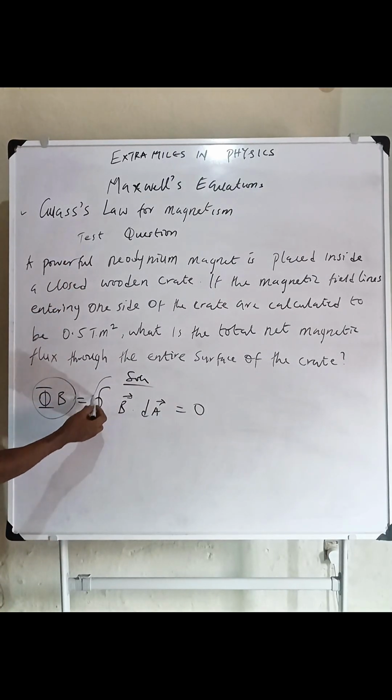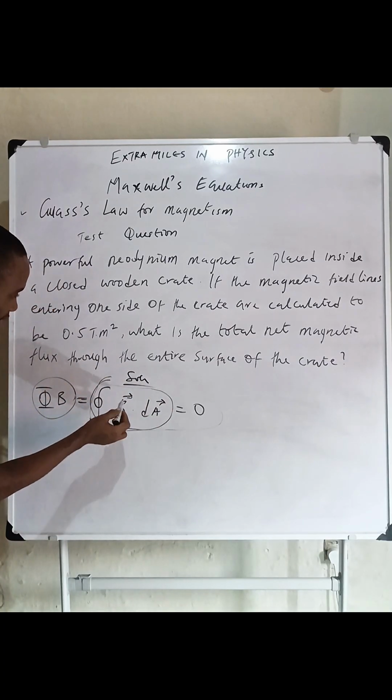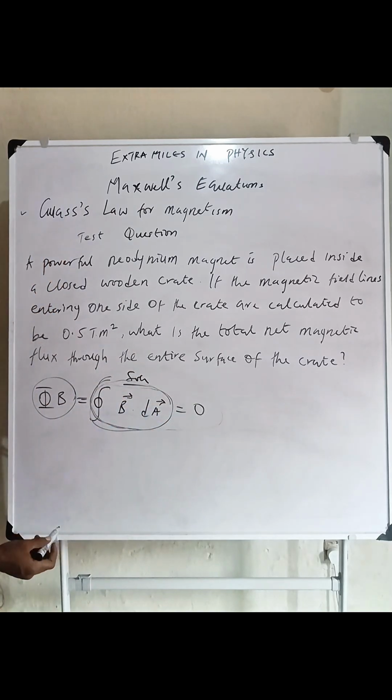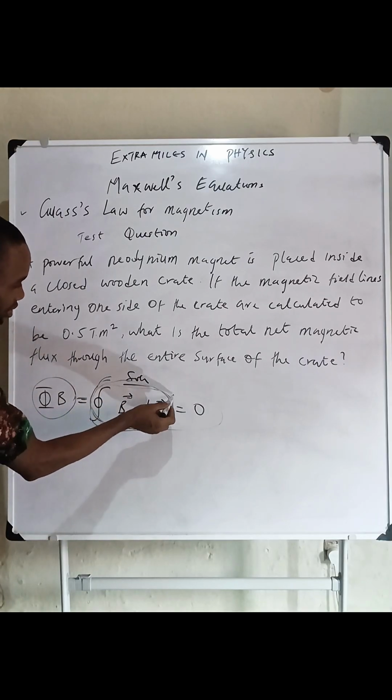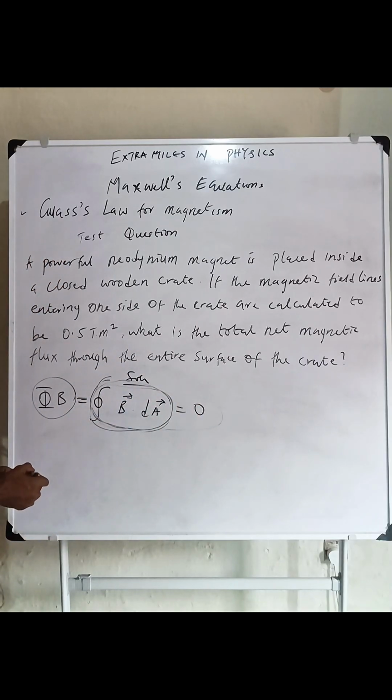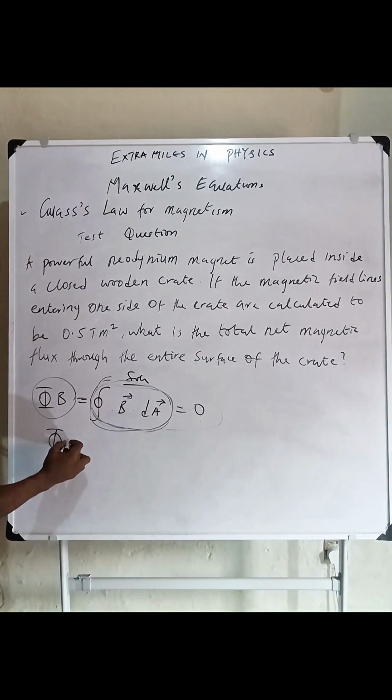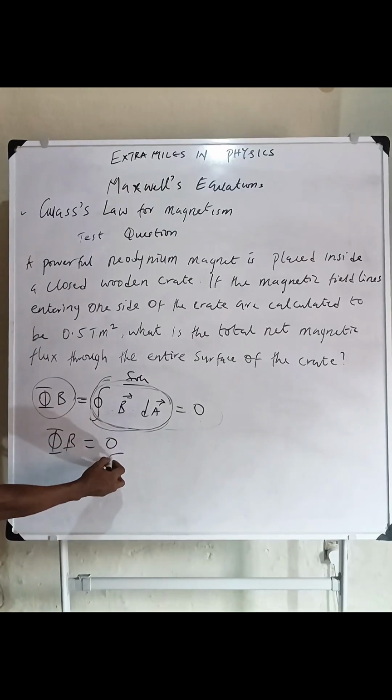So if magnetic flux is equal to this, our magnetic flux is equal to this first, yes, and this is equal to what? Zero. So this is our net magnetic flux, which is equal to this, and this is equal to zero. So if this be equal to this and this equals to zero, it means that magnetic flux is also equal to what? Zero. Final answer.